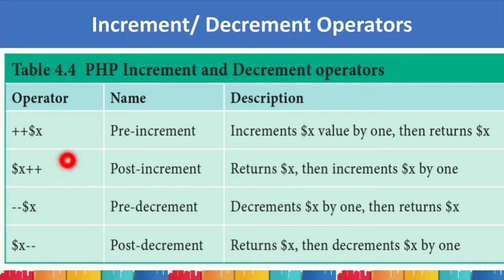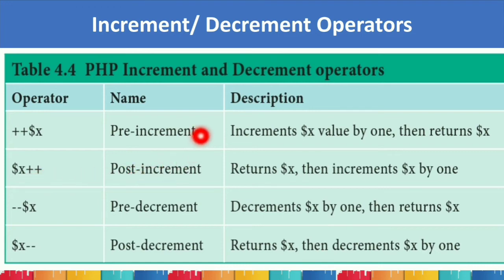And here we do have two terms, that is pre-increment and post-increment. Same way for decrement. So what is pre-increment? If you write the increment operator in front of the variable, that is pre-increment. And what is post-increment? After the variable, if you write the increment operator, it is said to be post-increment.